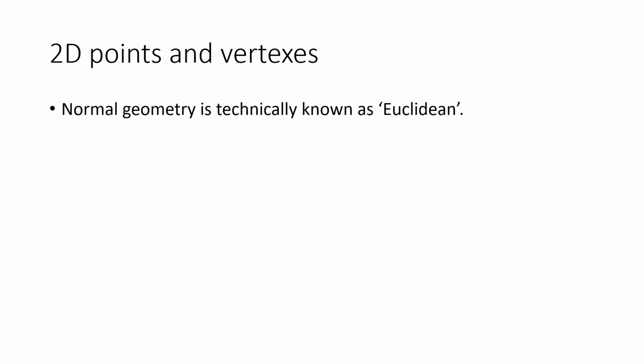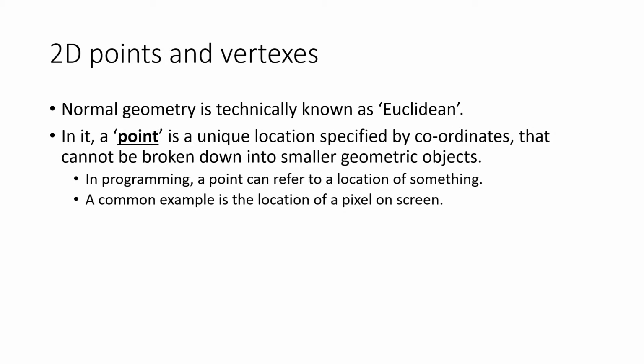So moving on, geometry, we tend to use Euclidean geometry, named after Euclid, of course. And in this kind of geometry, a point is a unique location specified by coordinates that cannot be broken down into smaller geometric objects. So it's not a solid thing, you can't split it up.